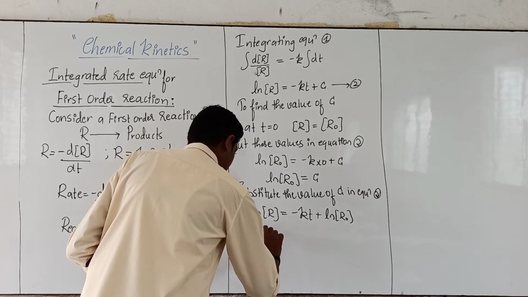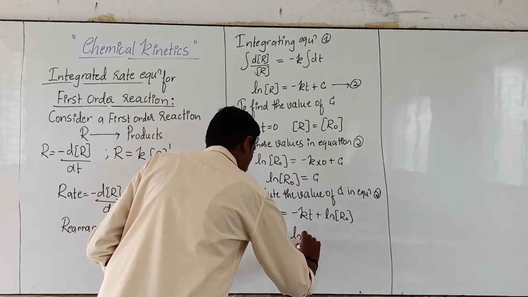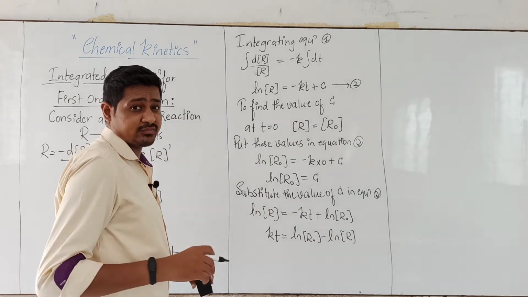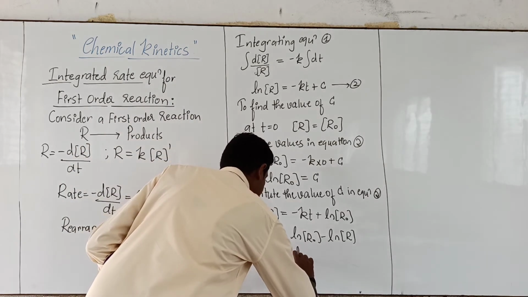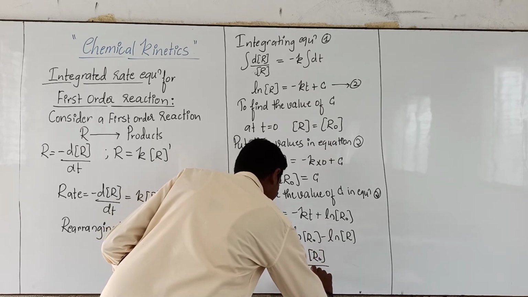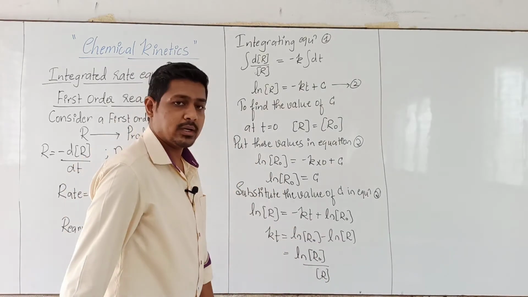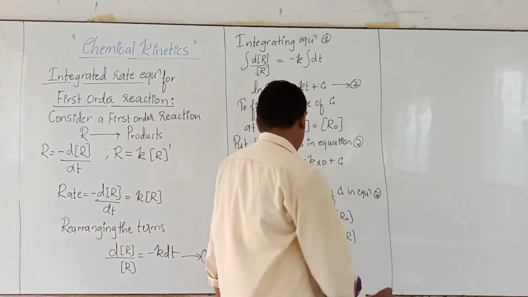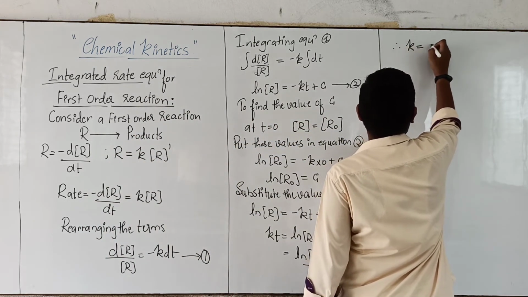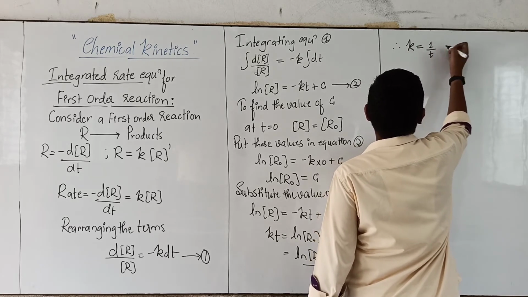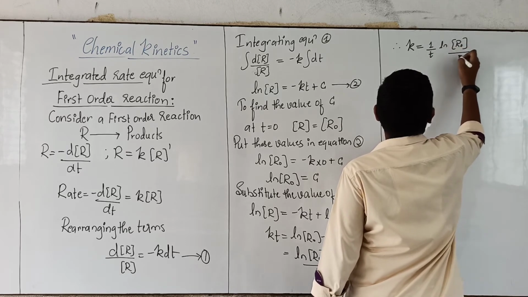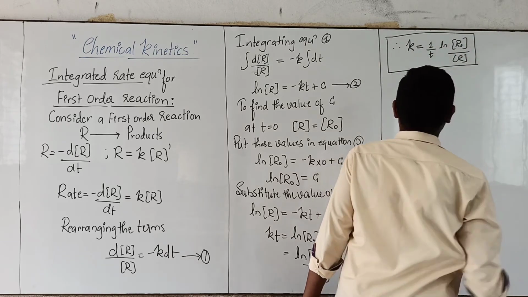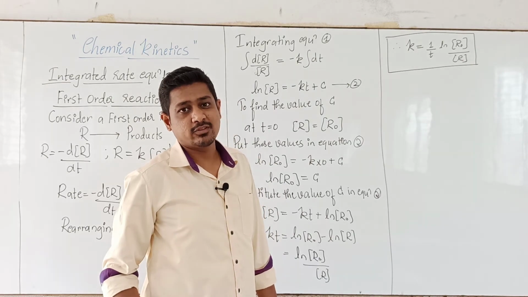We can write kt is equal to ln of R naught minus ln of R. If you are familiar with logarithms, you can understand this as ln of R naught divided by R. Keep the k here, then k is equal to 1 upon t into ln of R naught divided by R. This you can call the integrated rate equation for first order.